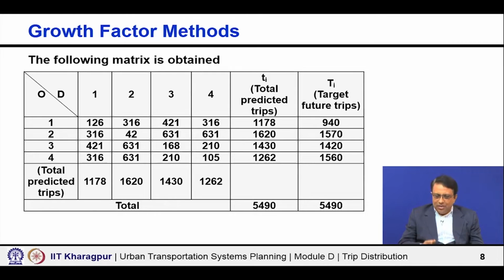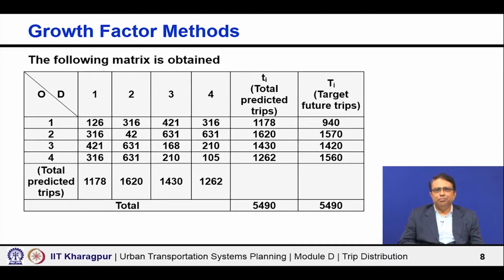And as I said here, in this case Tij and Tji are same. So for any zone, you will find the productions and attractions are same. For zone 1, 1178 production, 1178 attraction, zone 2, 1620 productions, 1620 attractions. This is because Tij equals Tji.